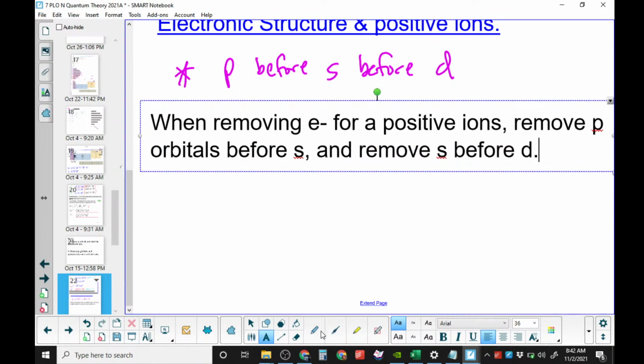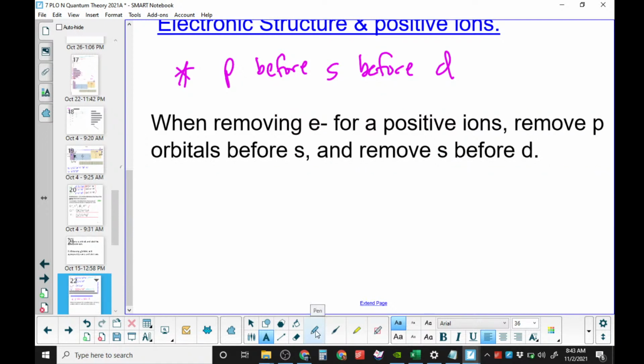So, some examples. Let's do tin. 10 plus 4. 10 plus 2.